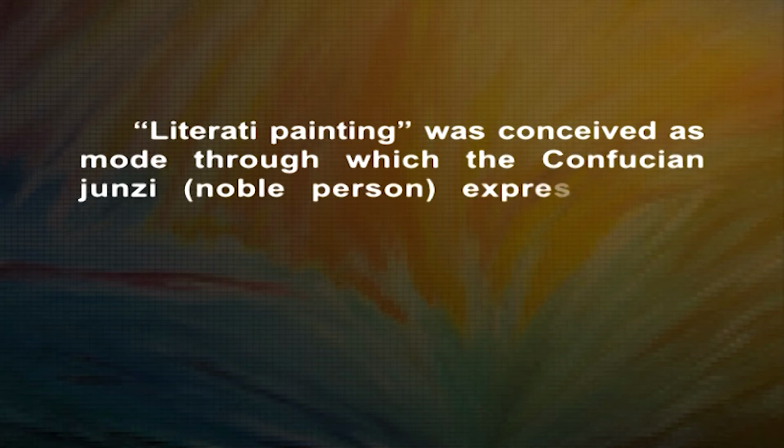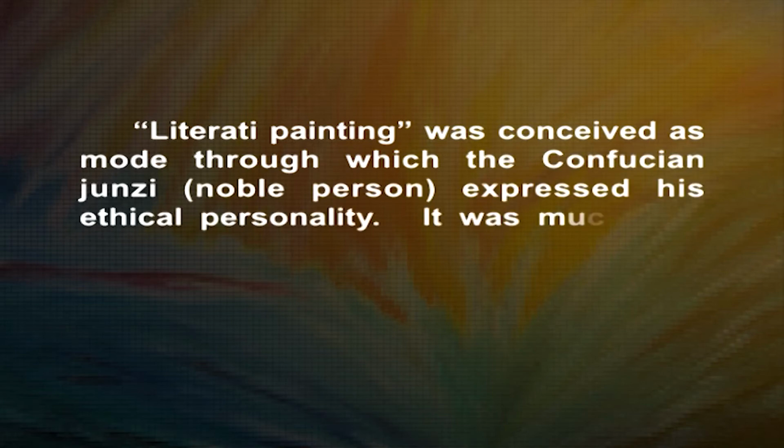They worked during the Yuan period and were revered during the Ming dynasty and later periods as major exponents of the tradition of literary painting, which is concerned more with individual expression and learning than with outward representation and immediate visual appeal. Literary painting was conceived as a mode through which the Confucian Junzi expressed his ethical personality.